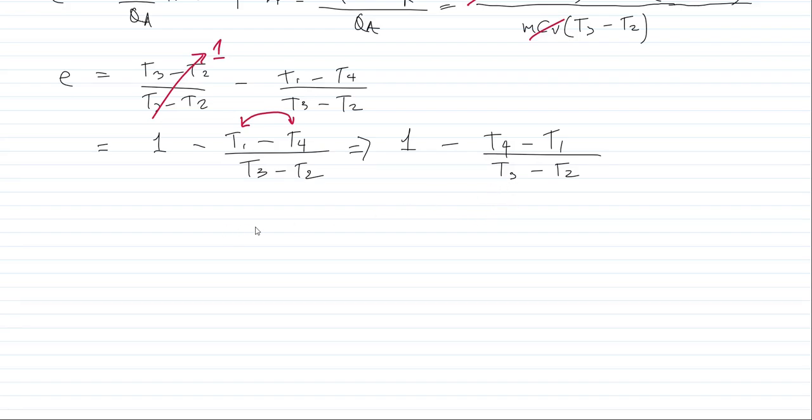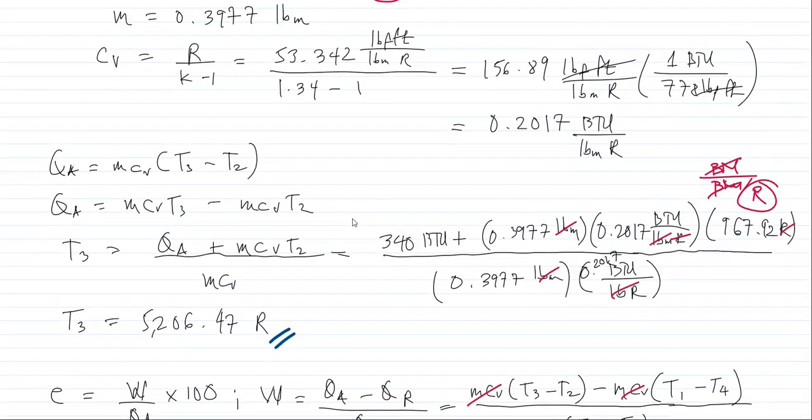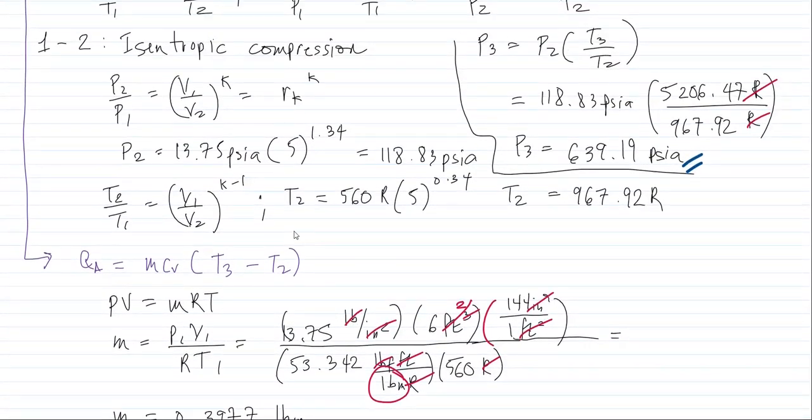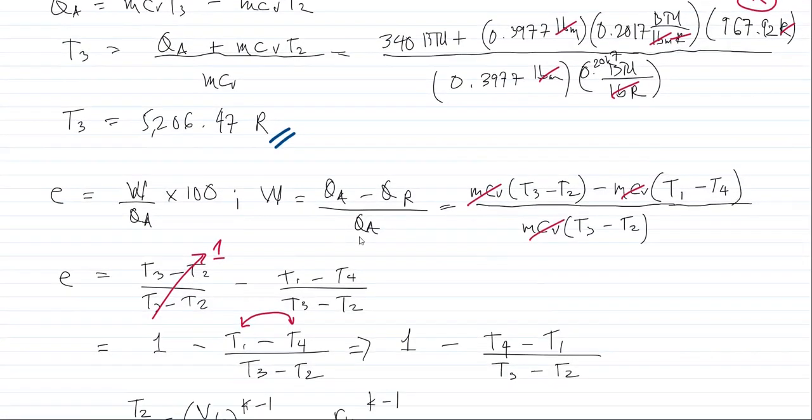Remember that T2 over T1, as we have derived, is equal to V1 over V2 raised to k minus 1, or this would be R sub k raised to k minus 1. I have already shown that in solving for T sub 2.